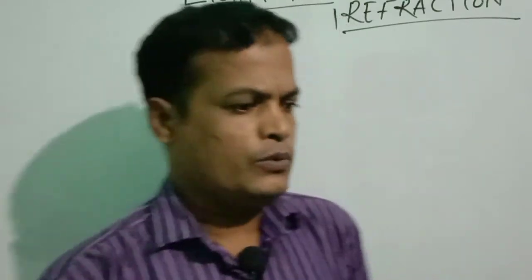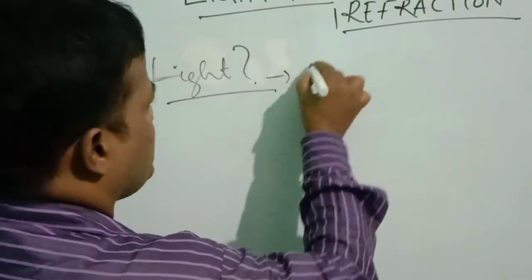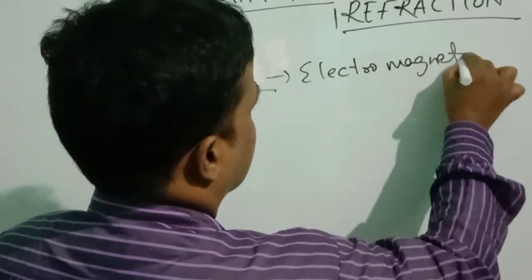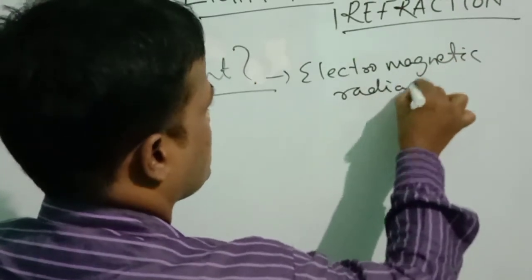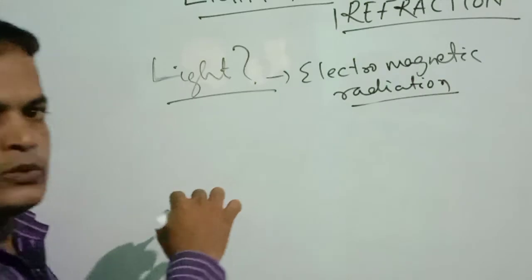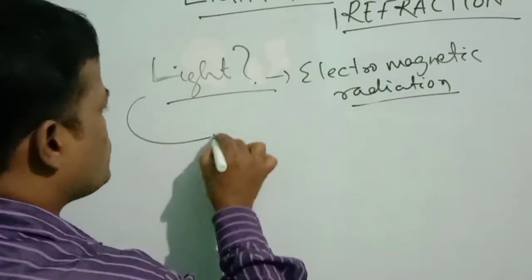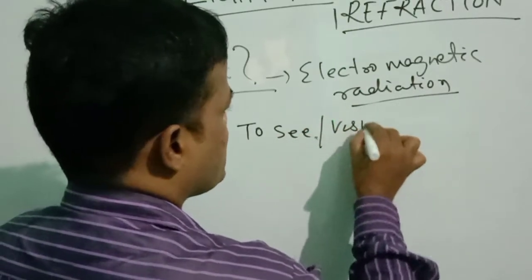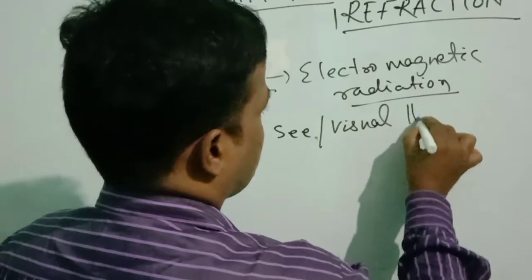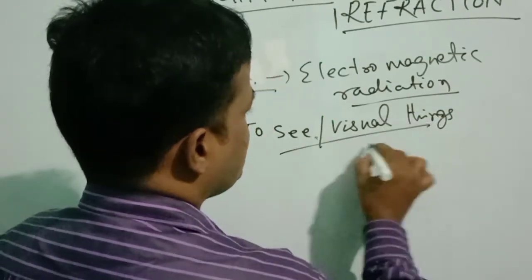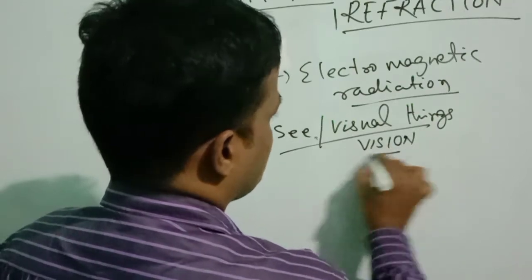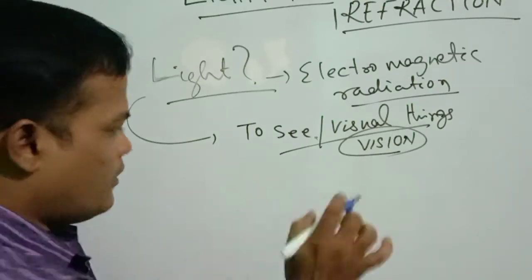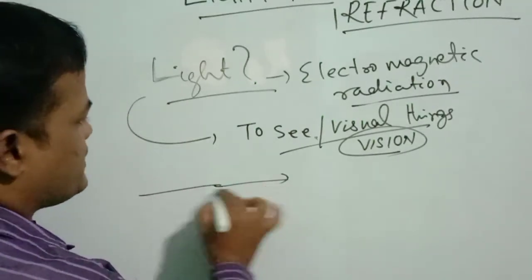Number two, light is also electromagnetic radiation, which enables us to see or visualize things. That means it helps in our vision.